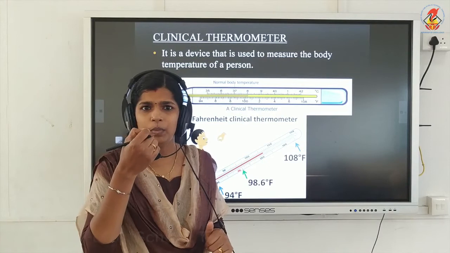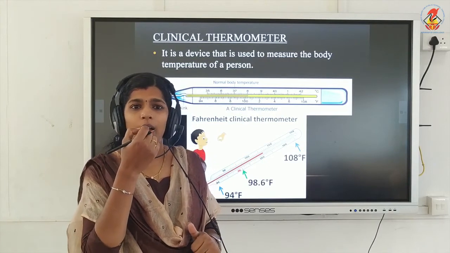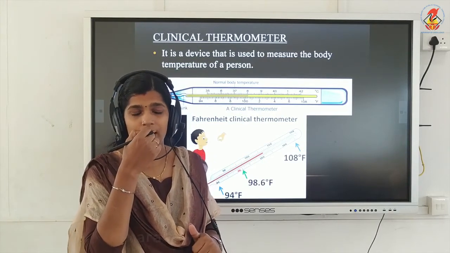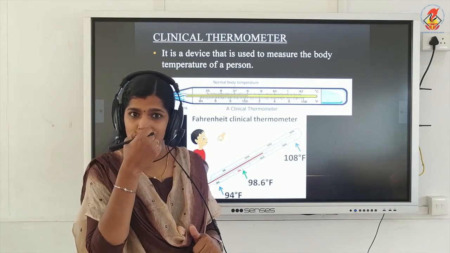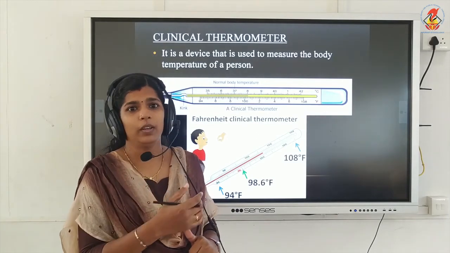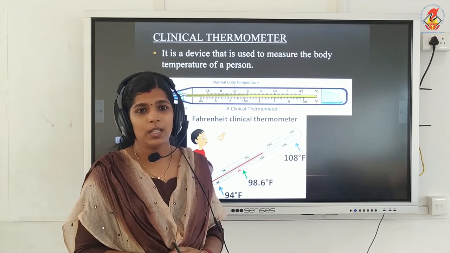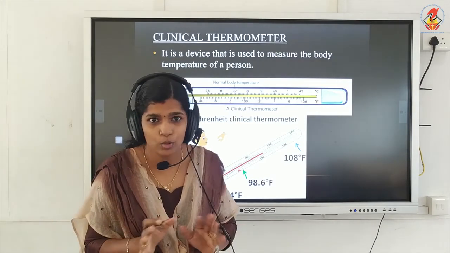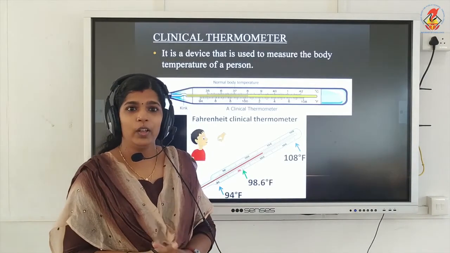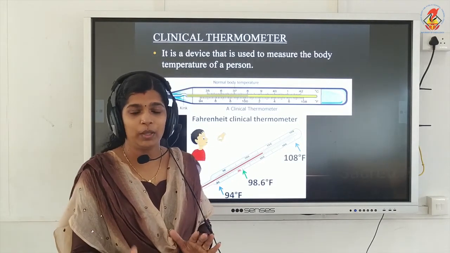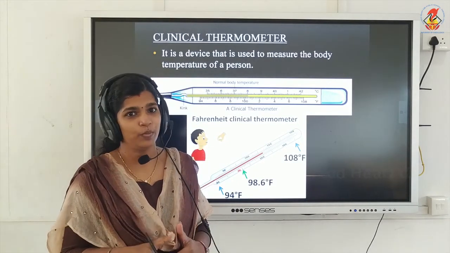They will keep the thermometer either inside our mouth, under the tongue, or in our armpit, isn't it? Nowadays, these two methods are not followed. They will use infrared. With the help of thermal radiations, they will measure the temperature.